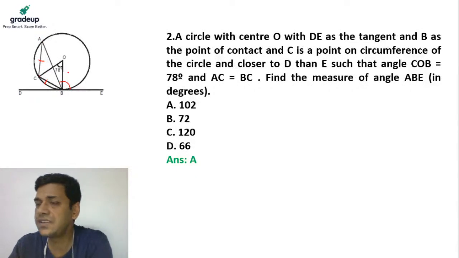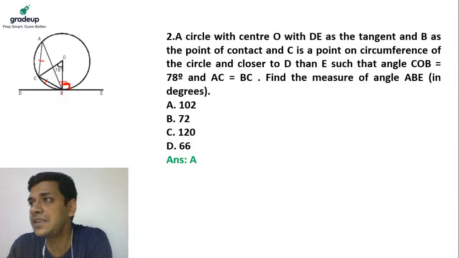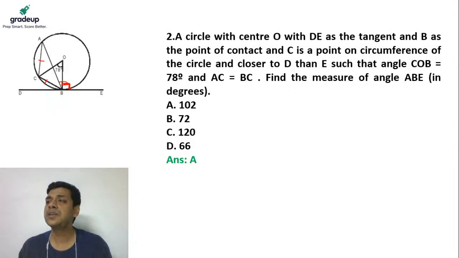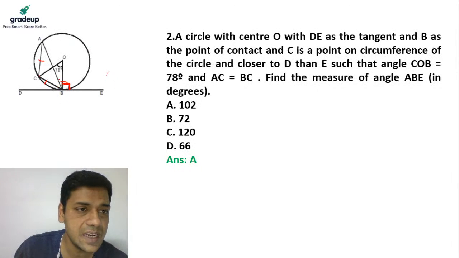Now, first thing, we know that angle OBE is 90 degrees. Why? Because radius and tangents are always perpendicular to each other. So this angle is 90 degrees. So basically we have to find this particular angle.